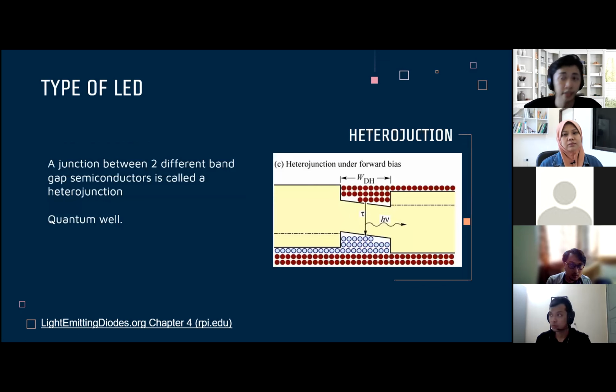And the second is heterojunction. A junction between two different band gap semiconductors is called a heterojunction. It is just like a quantum well.